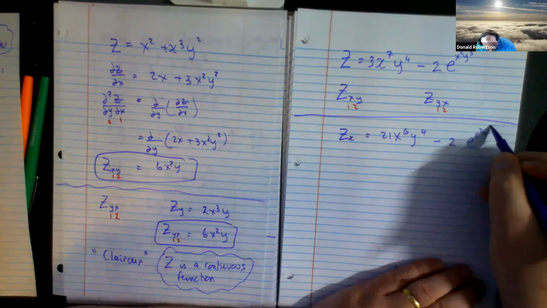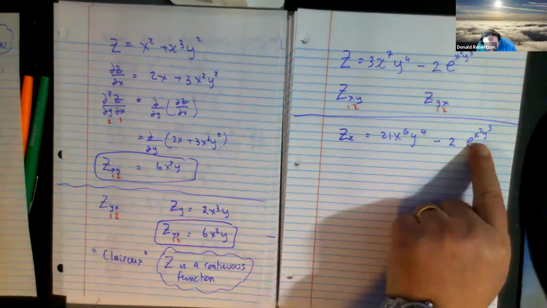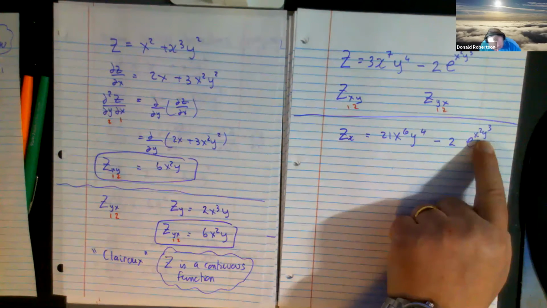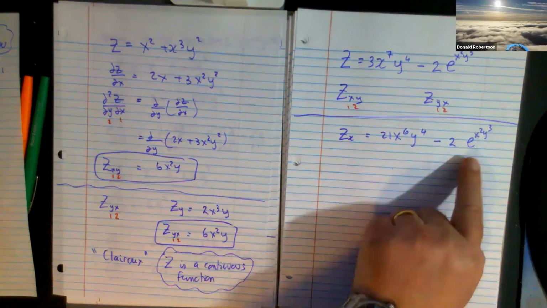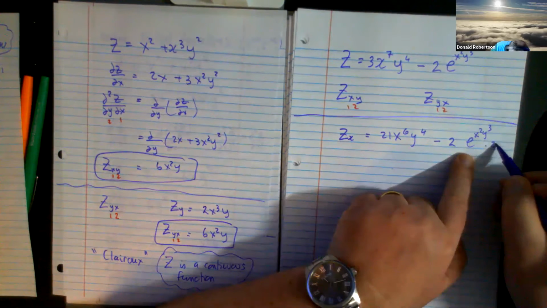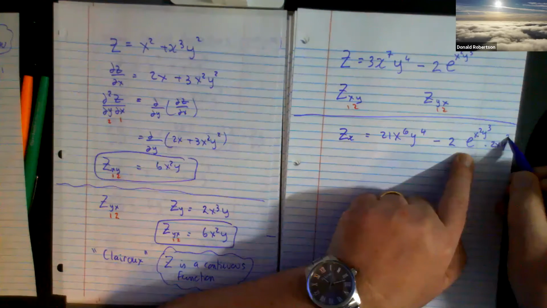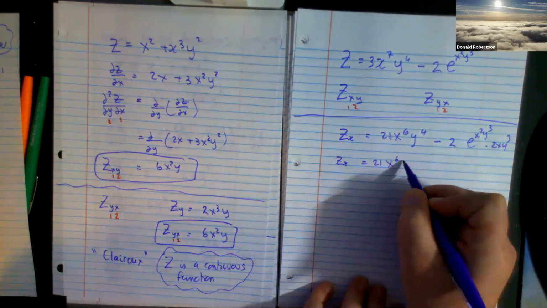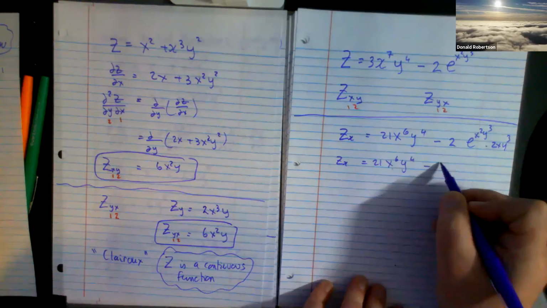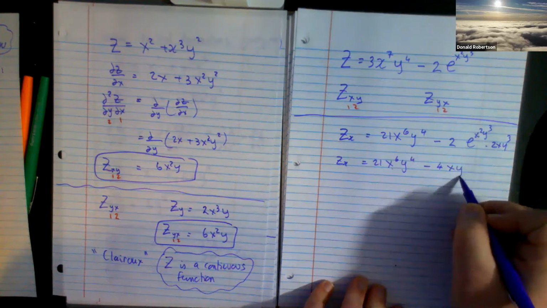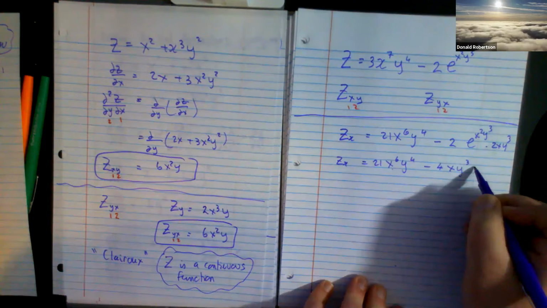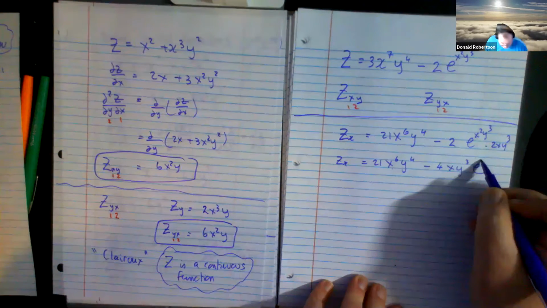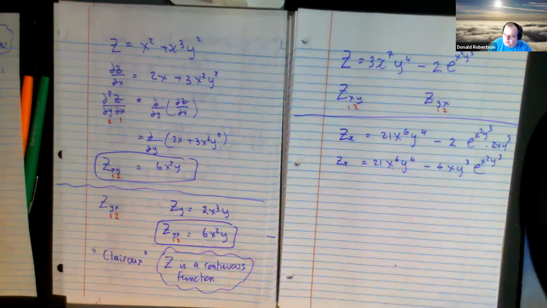And don't you then have to differentiate this guy with respect to X? What does that get you? That gets you another 2X Y cubed. So we have 21 X to the 6, Y to the 4, take away 4X Y cubed, e to the X squared Y cubed. Beginning to regret this question already.